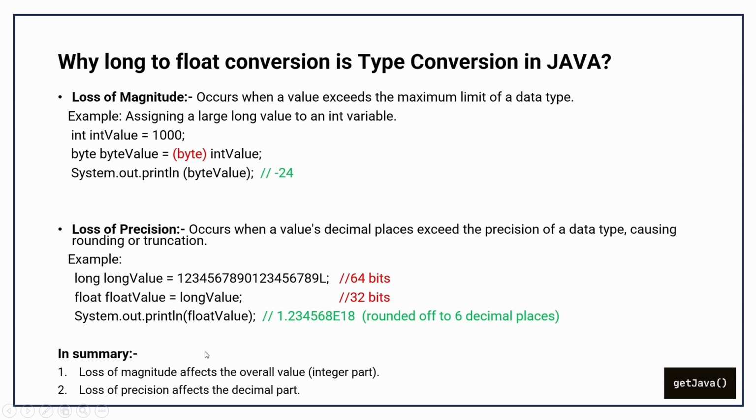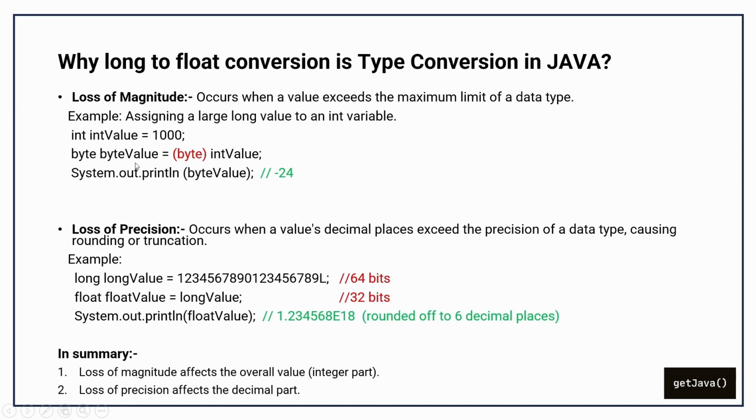But in case of long to float conversion, we know long is of 64 bits and float is of 32 bits. But when we try to store this long value inside a float variable, the compiler will not give us an error. So why does the compiler allow this conversion from a larger data type to a smaller data type without us telling it manually?